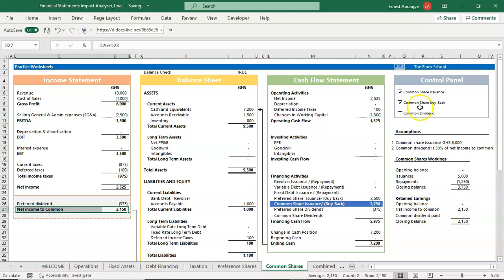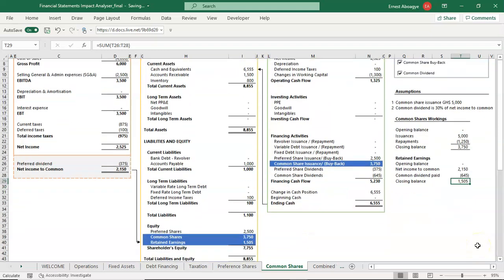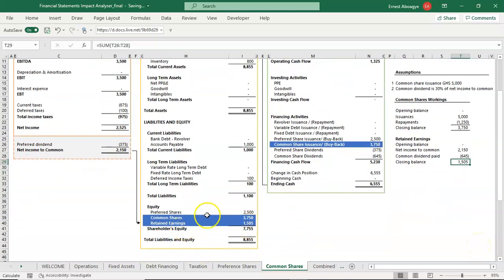So 30% of 2,150 becomes 645, which means that the closing balance of the retained earnings would now reduce by the dividend to the common shares, to the actual balance of 1,505. And at that point it won't be the same as we have, because this is the net income to common.